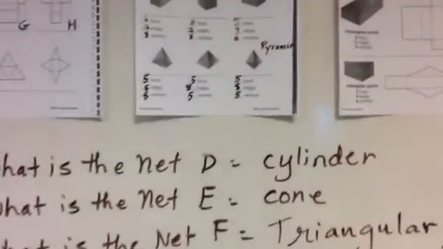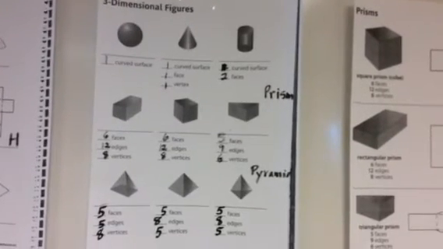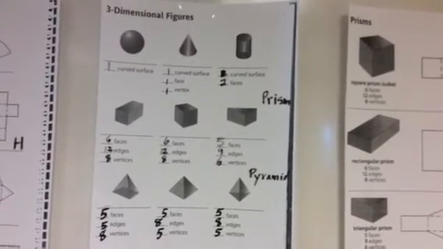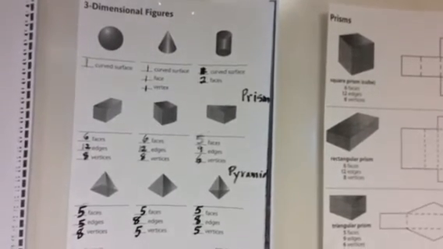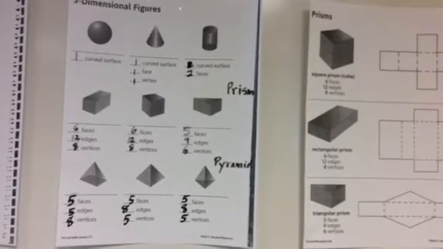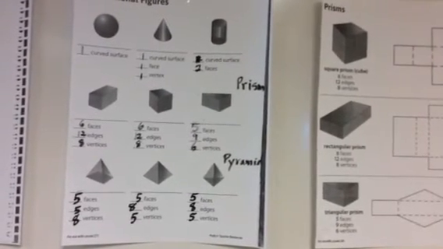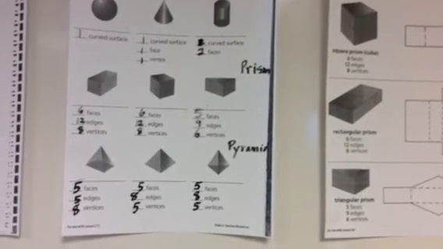And then going up here, I did do a circle. A 3-dimensional figure like a ball has one curved surface. A cone has one curved surface, one face, one vertex. A cylinder, or a Coke can, has one curved surface and 2 faces.